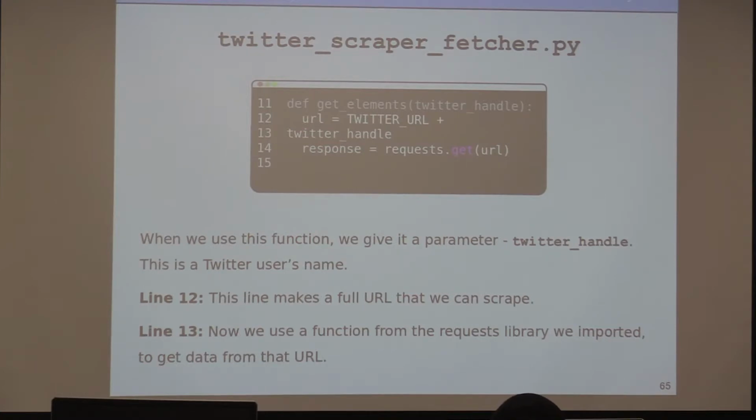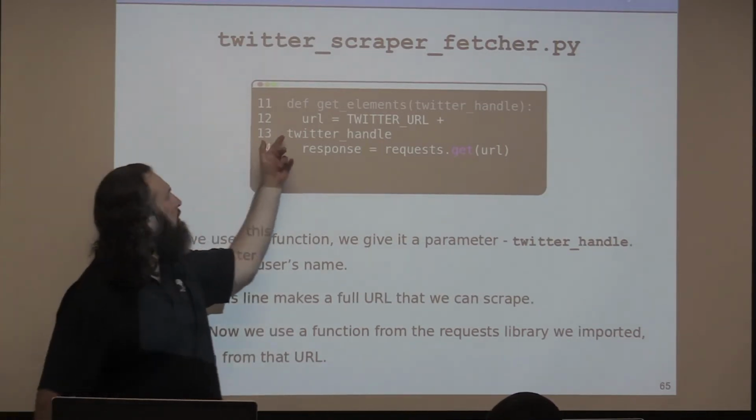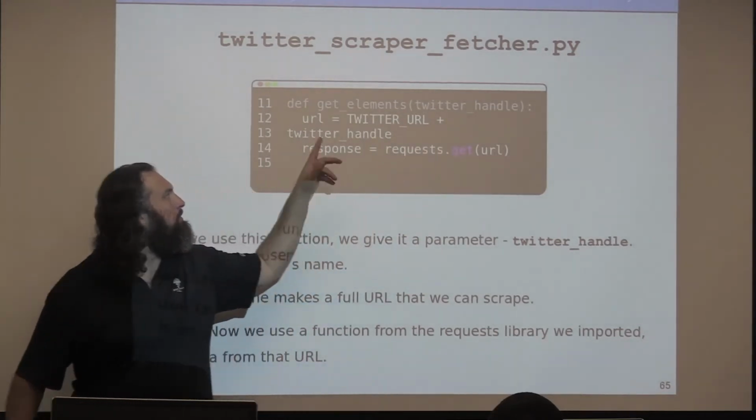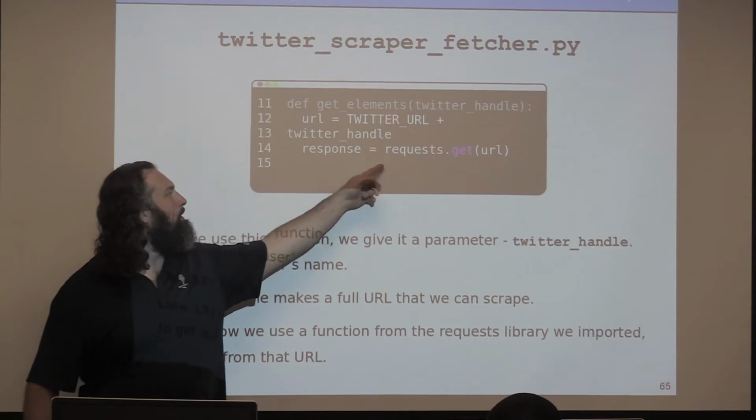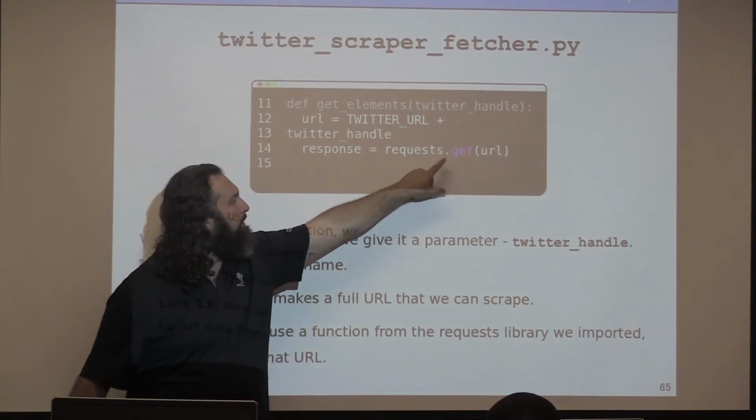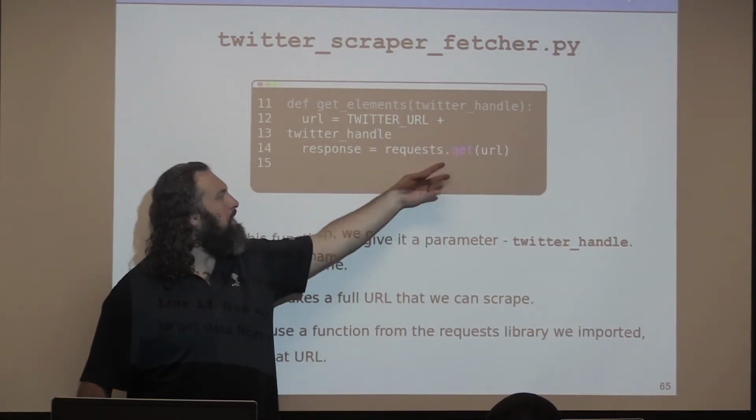All right. So let's go ahead and define this for our very first function. Twitter handle does need to be here. So just put URL equals Twitter URL plus Twitter handle. Response, here's the requests. So this function is not written by you.